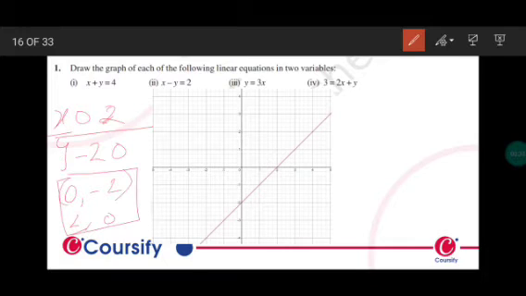So 0 comma minus 2 is this point, and 2 comma 0 is this point. Now by joining these 2 points we can form a line, and every point on this line will satisfy this equation.